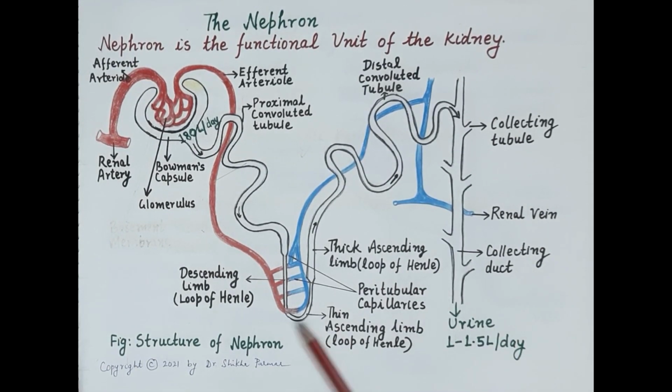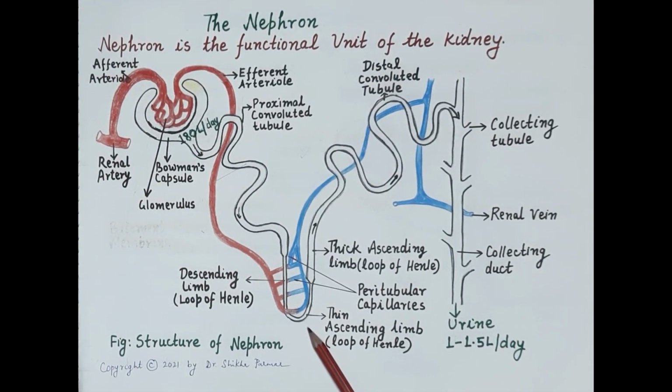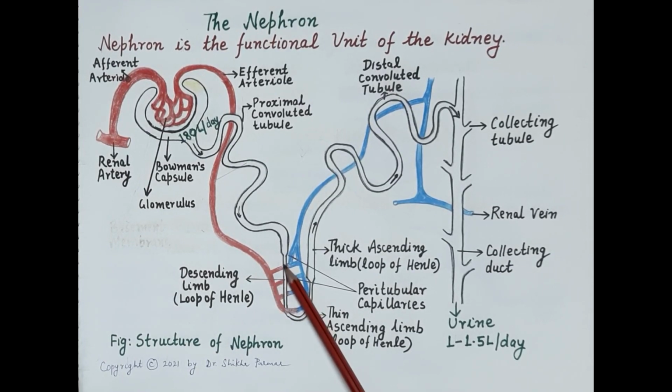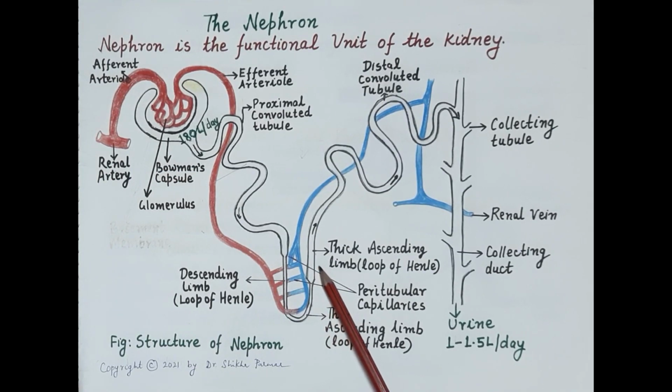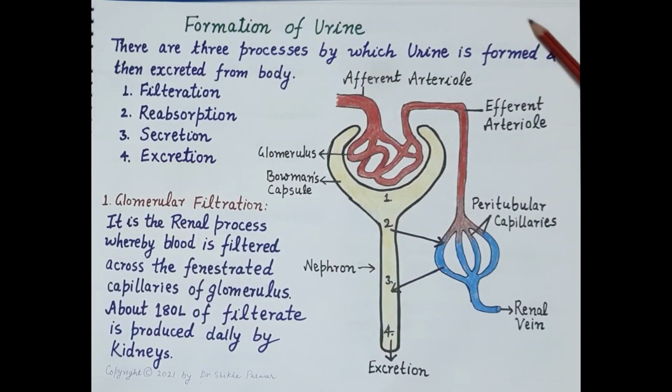Now the loop of Henle is in turn described as the thin descending limb of loop of Henle, then the thin ascending limb of the loop of Henle, then the thick ascending limb of the loop of Henle. And the wall of the tubule is made up of a single layer of simple squamous epithelial cells.